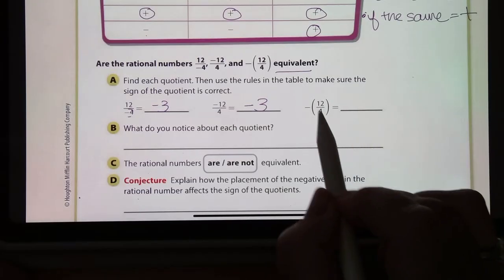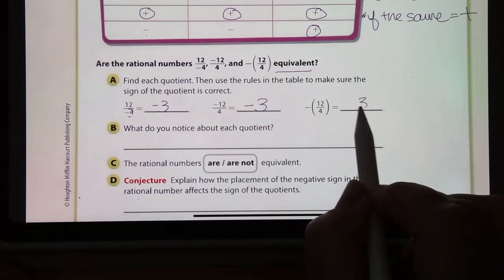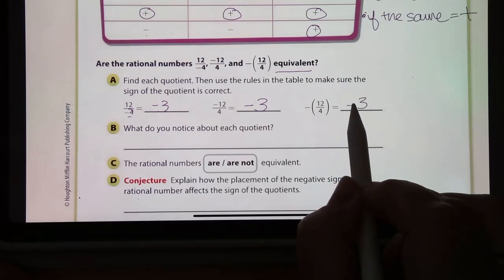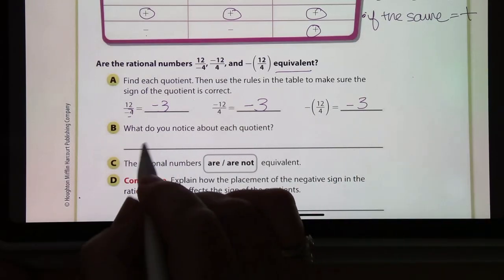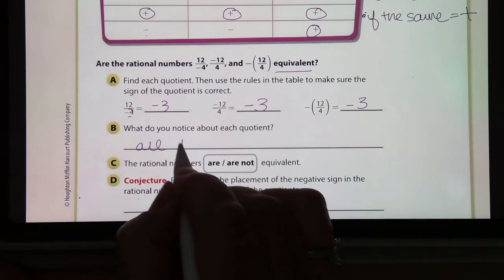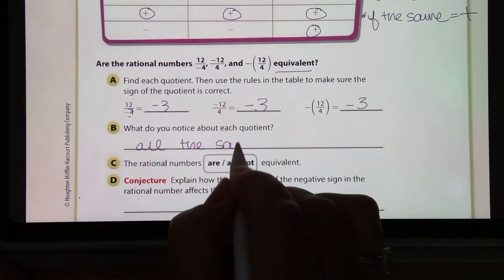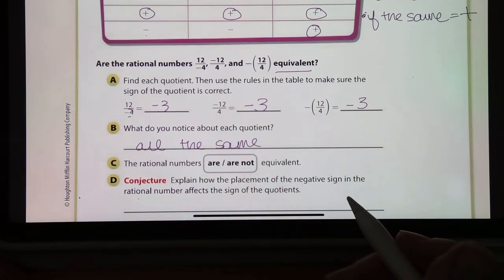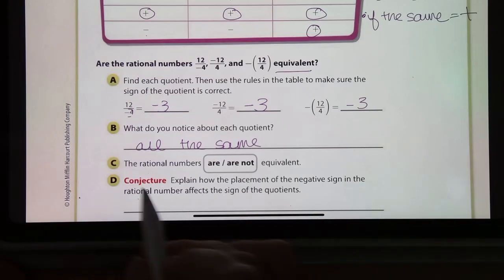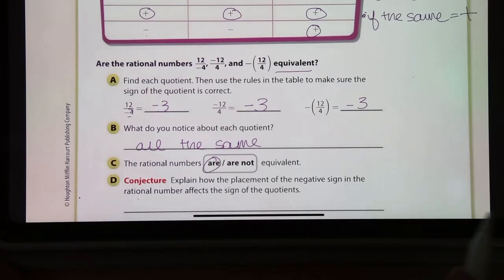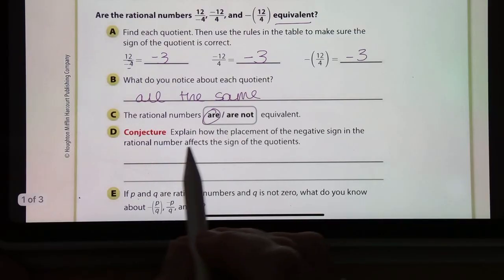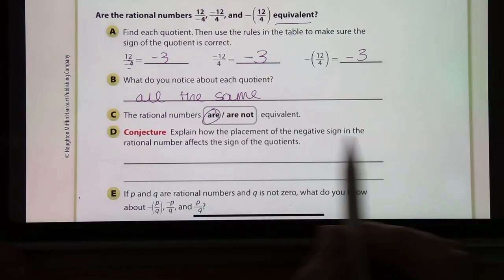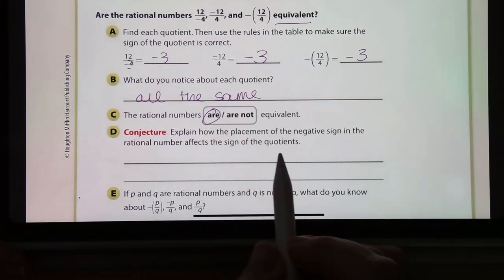So 12 divided by 4 is 3, and then I have my negative. All three of these answers are the same. So the rational numbers are equivalent. Explain how the placement of the negative sign in the rational numbers affects the sign of the quotient.